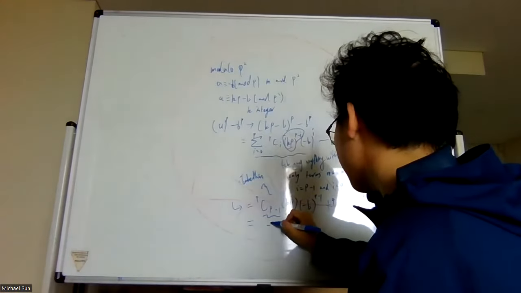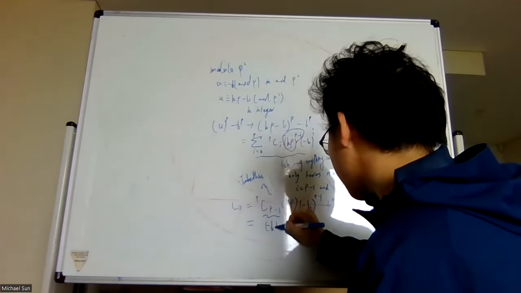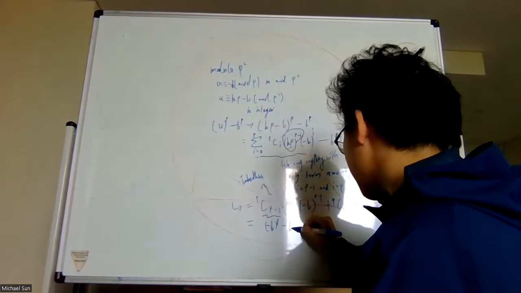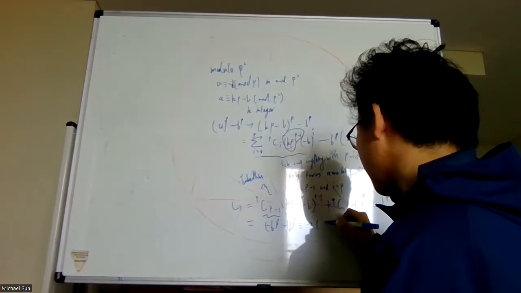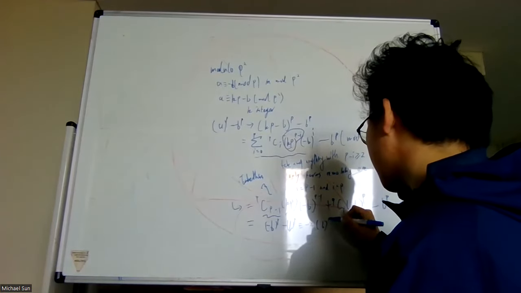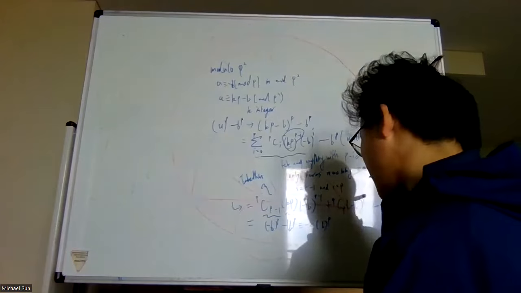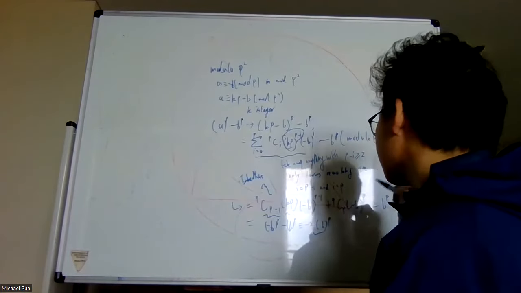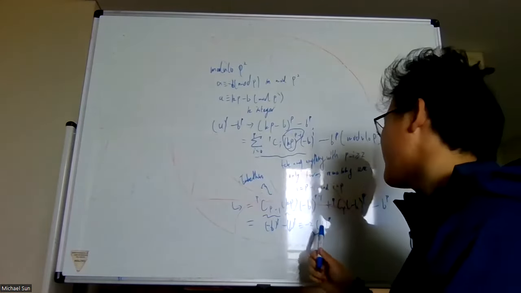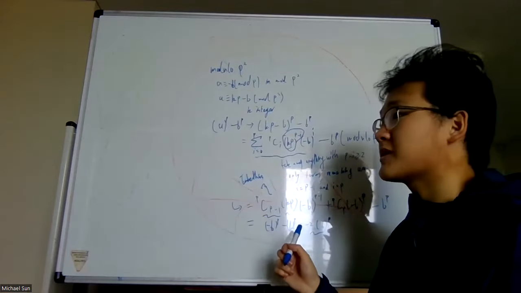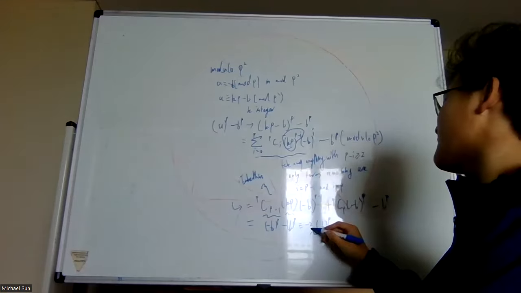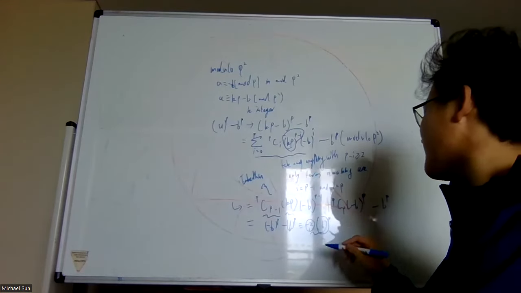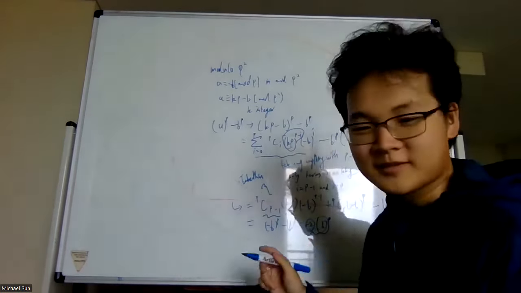And what we're left with is negative B to the P minus B to the P, which is congruent to negative 2B to the P. And can you guys see we're done here for what we're trying to prove, which is that modulo P squared is non-zero because this is non-zero and this is non-zero. Yeah. Cool.